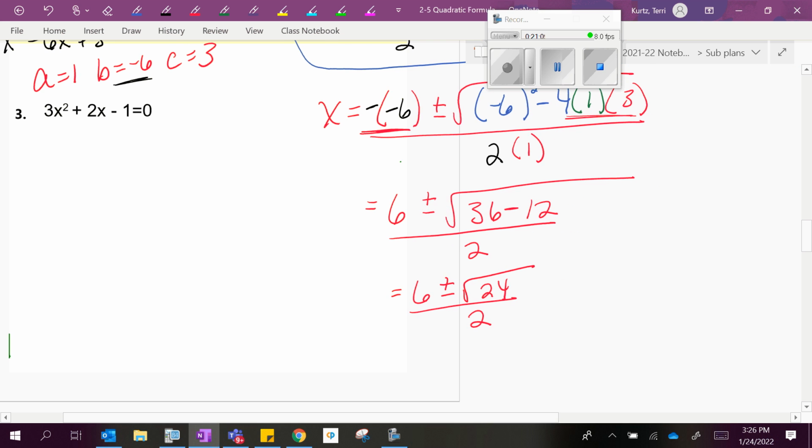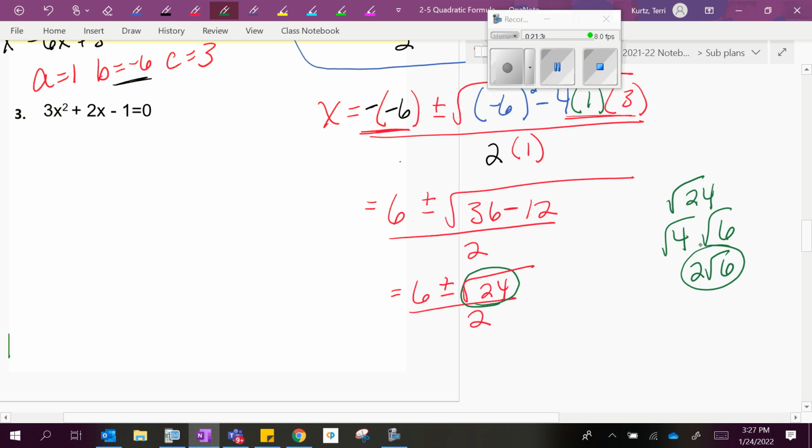Okay, now I'm looking pretty good here, but I always want to look at my radical, bring it over to the side, and think, can I do anything to radical 24? Yes, I can. I can think about radical 24 as 4 times 6, which is 2 radical 6. So now I'm going to replace radical 24 with 2 radical 6. My final answer is 6 plus or minus, sorry, my pen is glitching, 6 plus or minus 2 radical 6 over 2.